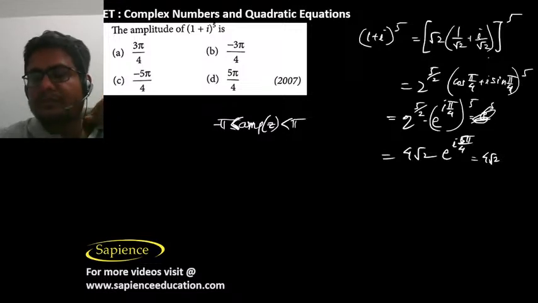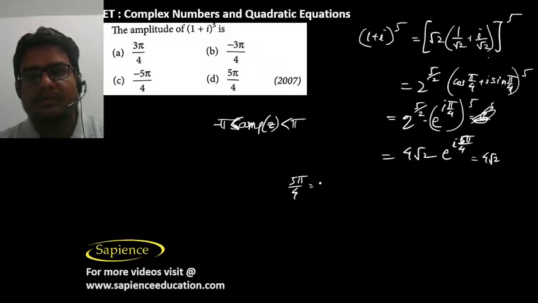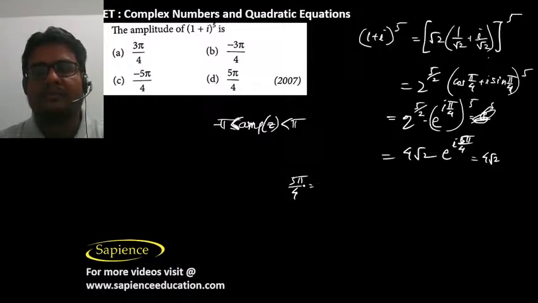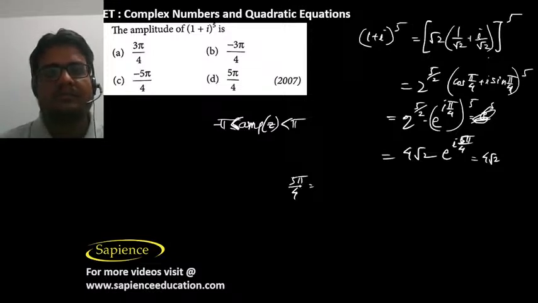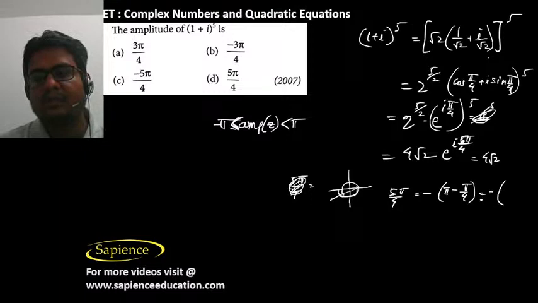4 root 2 into... So 5 pi by 4 is more than pi, so we can write it in the negative sense, that is minus of (pi minus pi by 4), so that is minus of 3 pi by 4.